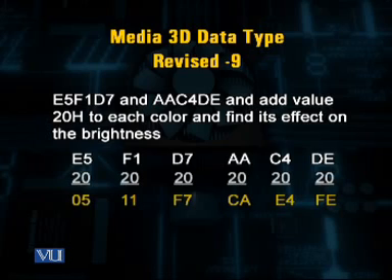Here, as the value E5, F1, D7 is greater than the value AA, C4, DE, therefore the first pixel is brighter as compared to the second pixel.